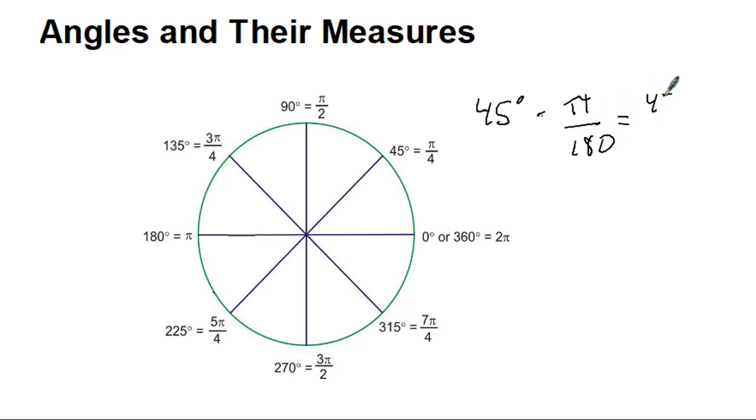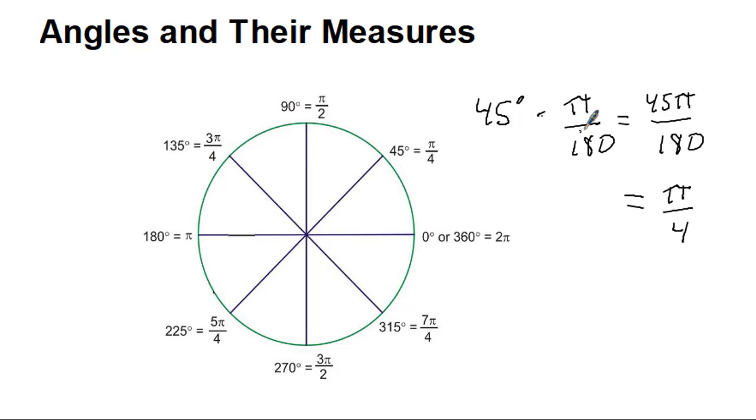I'm going to have 45 pi divided by 180. How can I simplify this? Because 45 times 4 is 180, I can simplify like this: pi divided by 4.